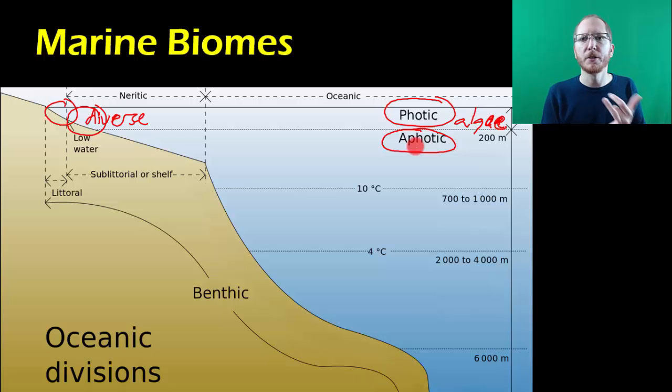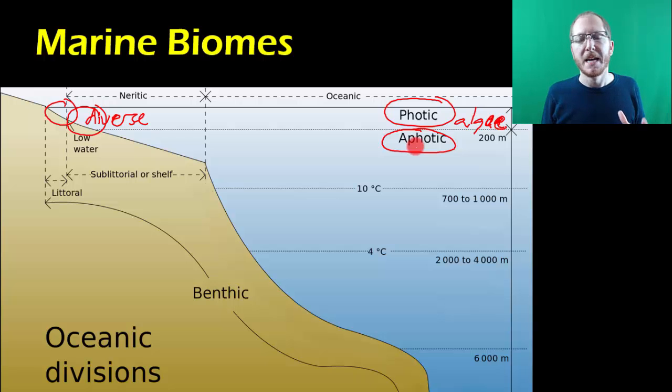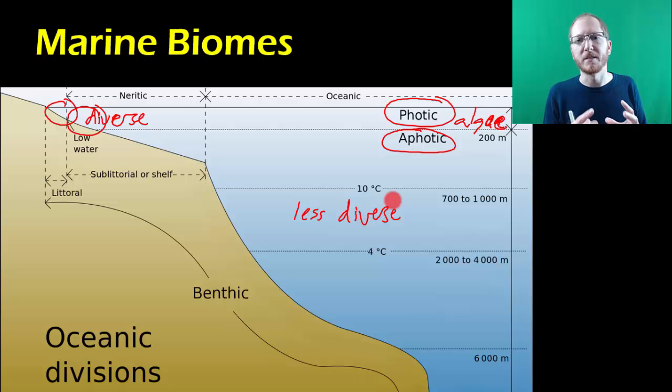Unless you get lucky and there's some chemoautotrophs, some chemosynthetic guys, you're going to have to just kind of wait for dead stuff to fall down to feed upon. And so that means that down here, it's a lot less diverse. There's not as many organisms because it just can't support them. There's not the energy for it because they have to just kind of feed upon whatever happens to fall their way. They don't have that autotroph base to help them have all kinds of organisms.